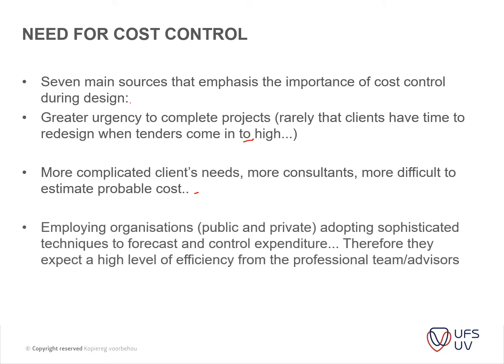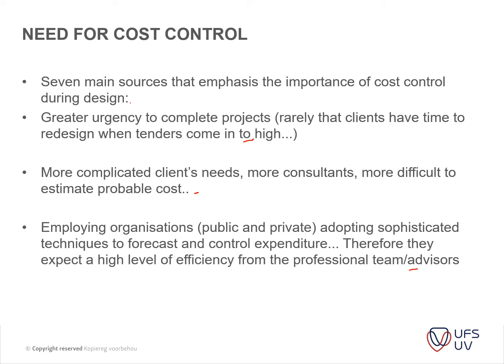The employing organizations, public and private, are adopting sophisticated techniques to forecast and control the expenditure. Therefore, they expect a high level of efficiency from professionals and team members. The main thing is usually when you get into the design and there's, for instance, a mechanical engineer that has to design a boiler system for a water installation, the QS will need that information from that designer.